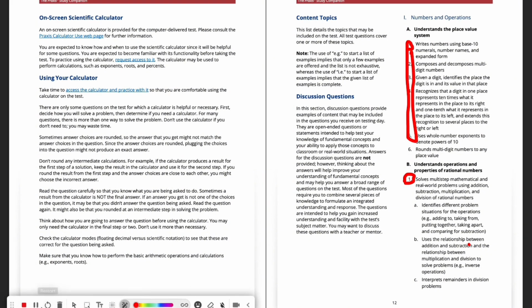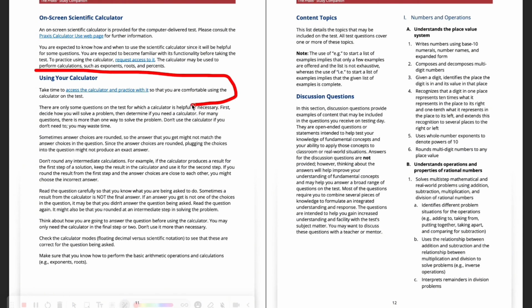They're telling you. Something very important that I want to touch on before I leave math: you have a calculator that you can use when you're taking your math. What I highly suggest that you do is access this free calculator. It's the same calculator that's going to be on your exam the day that you take your Praxis.